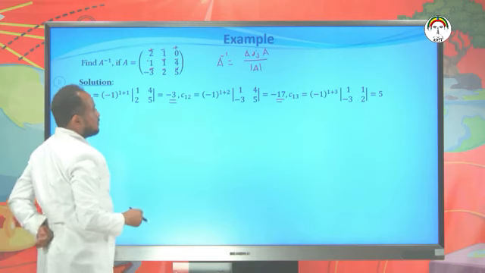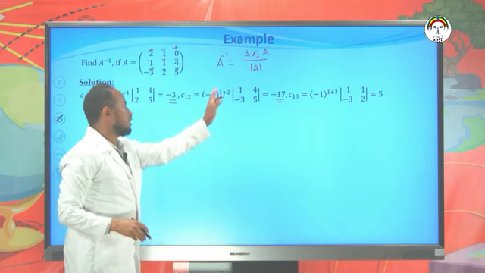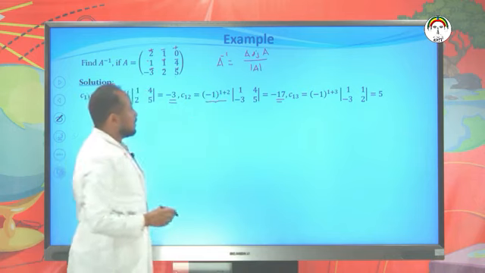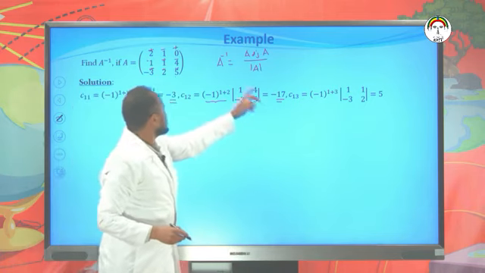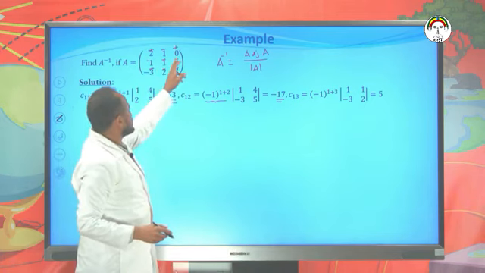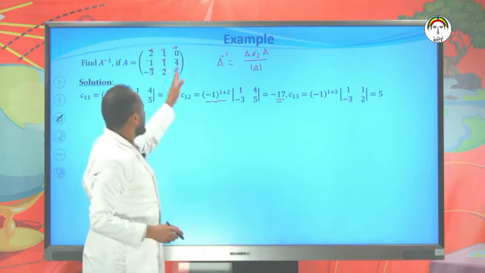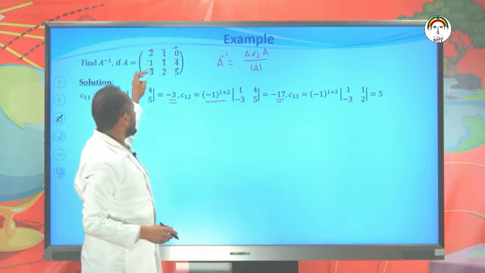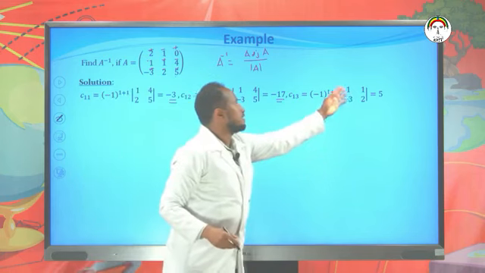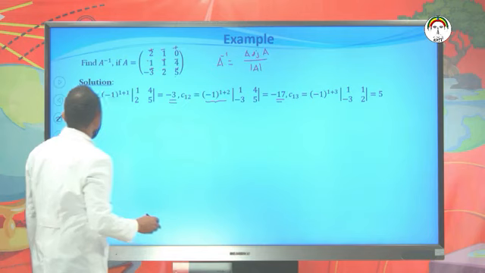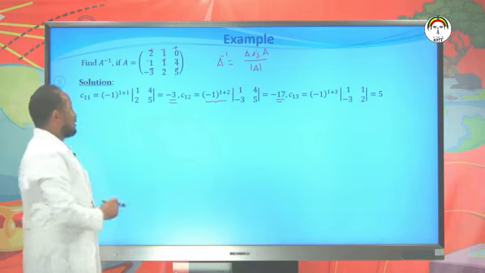We can use this to find the sign of each cofactor. Therefore, for the entry in position 1, 3, the sign is positive, and we cancel the row and column, and you get 1, negative 3, and 1, 2. The determinant of this gives you 5. And you continue for each entry like this.